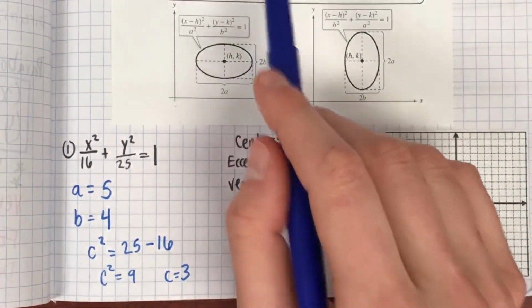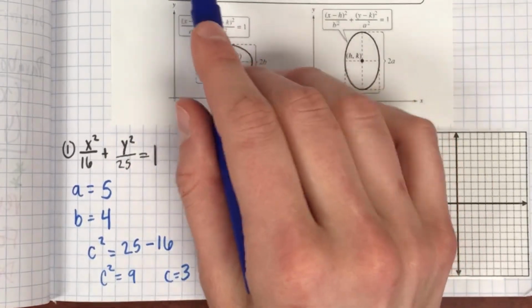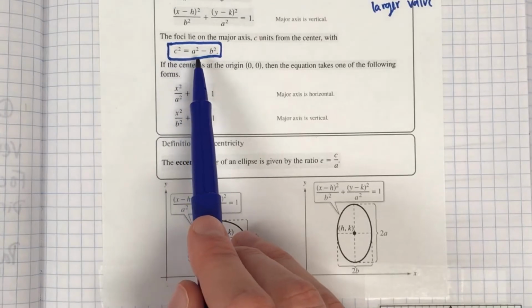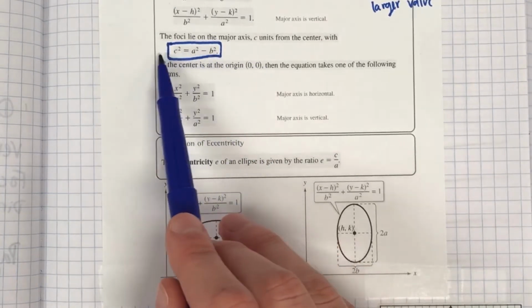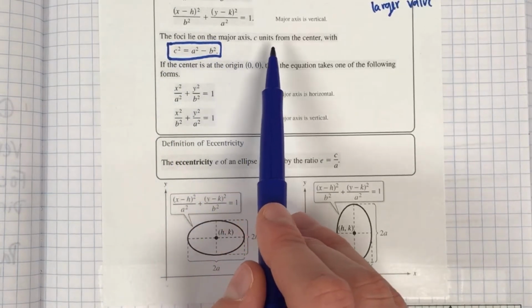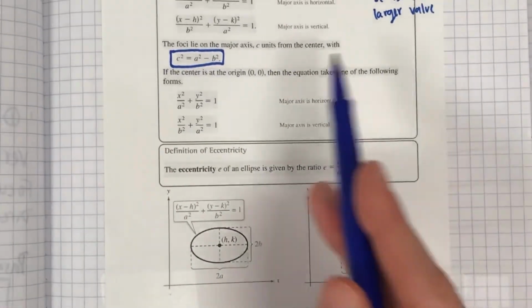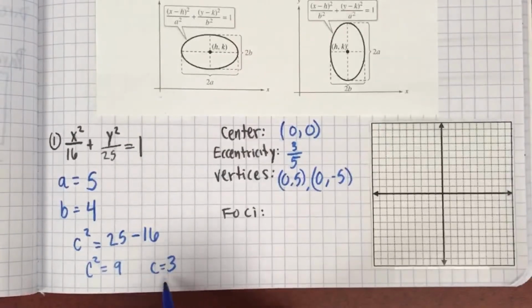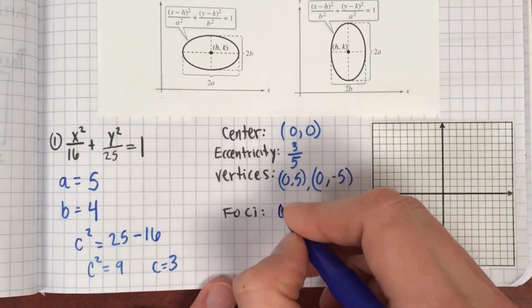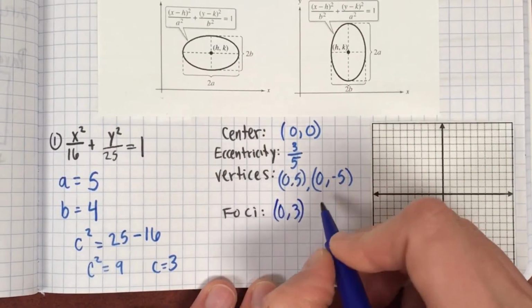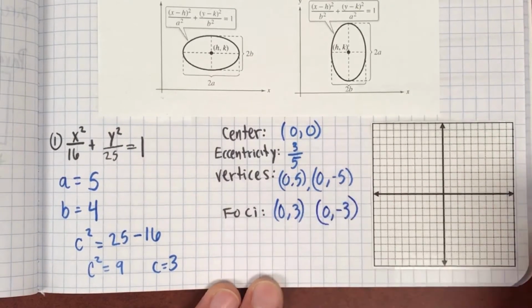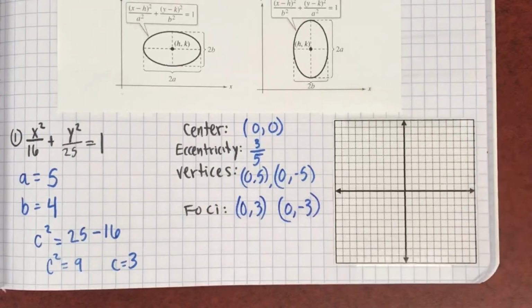Our foci are c units away from the center. Since our c value is 3, our foci are going to land at 0, 3 and 0, negative 3. So now we can go ahead and plot everything that we need.